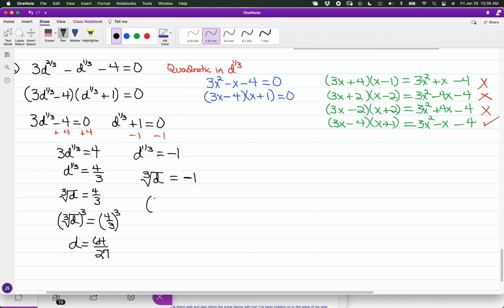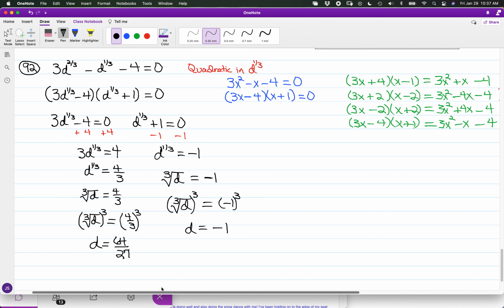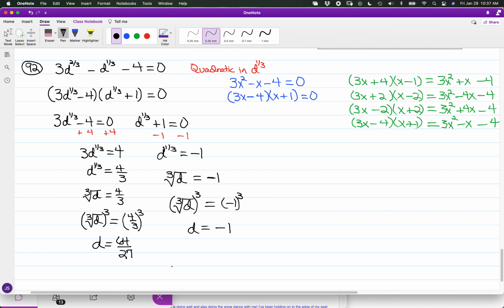So upon cubing both sides, the cubic root of d to the third will come out to d, and -1 cubed, -1 times itself, will come out to -1. So here we're going to have two solutions in d.